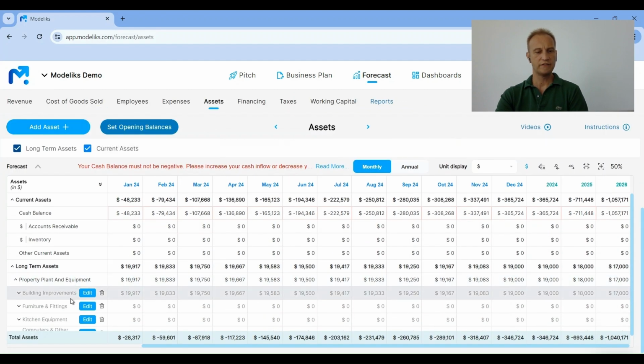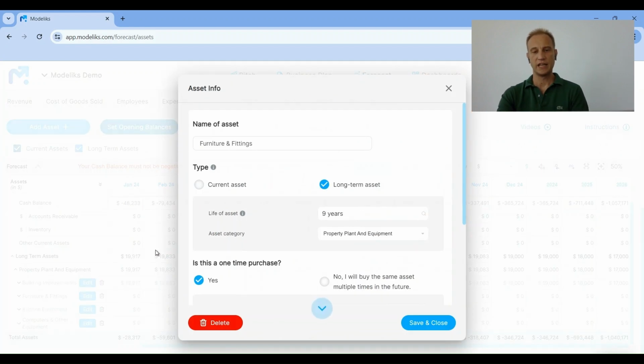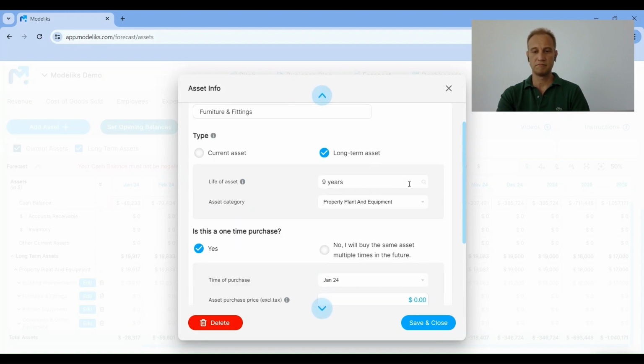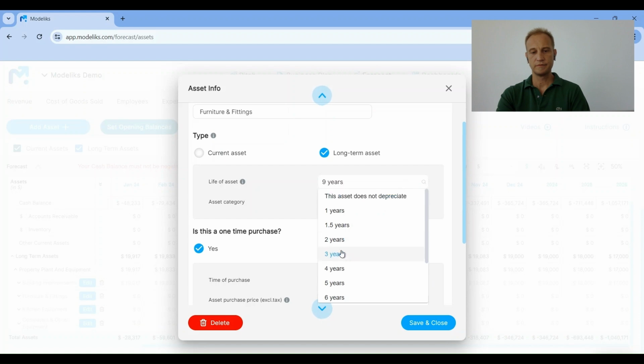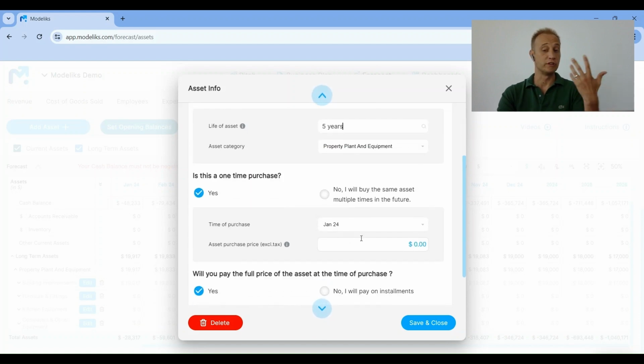Then we have our furniture and fittings that we need to fit out our restaurant. Again, this is a long-term asset that will depreciate over, say, 5 years, and we will fit out the restaurant in the first month of our plan, and we will spend about $100,000 for fitting out for furniture for our restaurant. Click Save and Close.